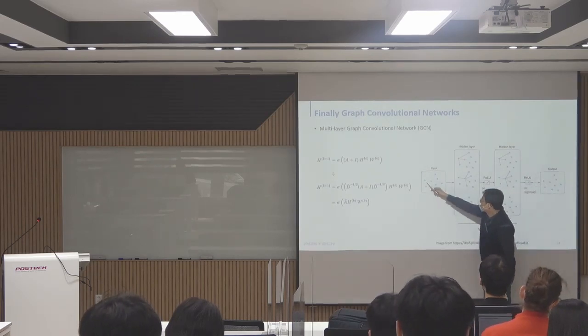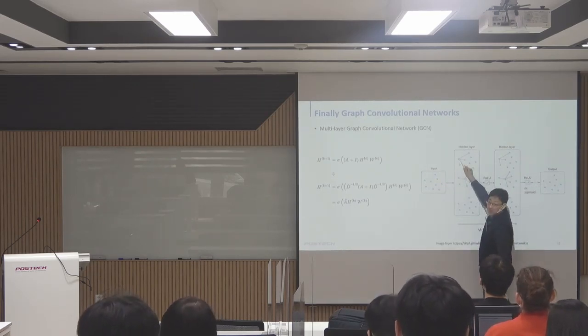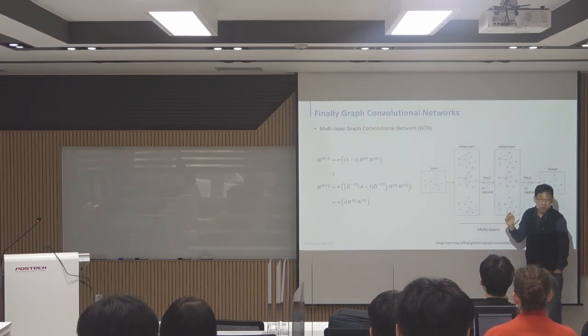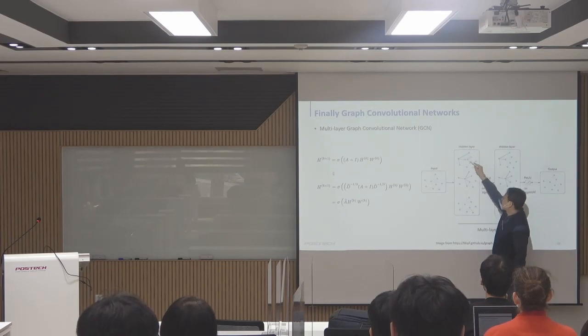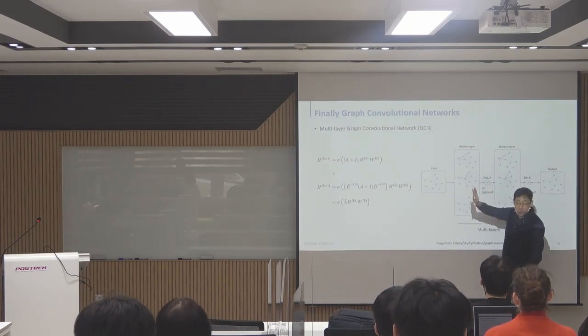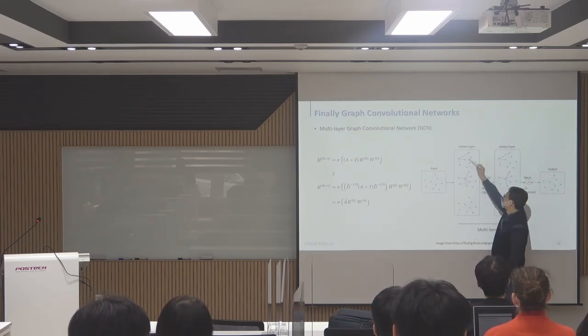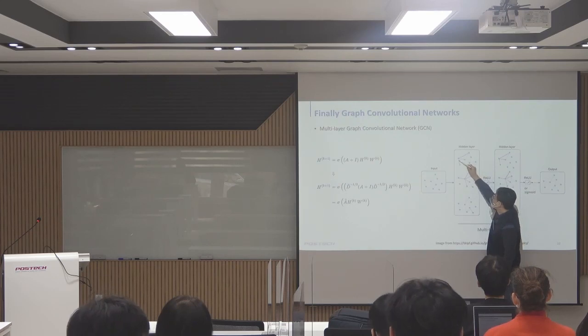For instance, for this guy, we know that these are the neighborhood. So based on this aggregation, of course we have self-loop, but we didn't show the indicator here. But assume that it is including the self-loop, and we do neighborhood normalization as well. So based on these, we update it.